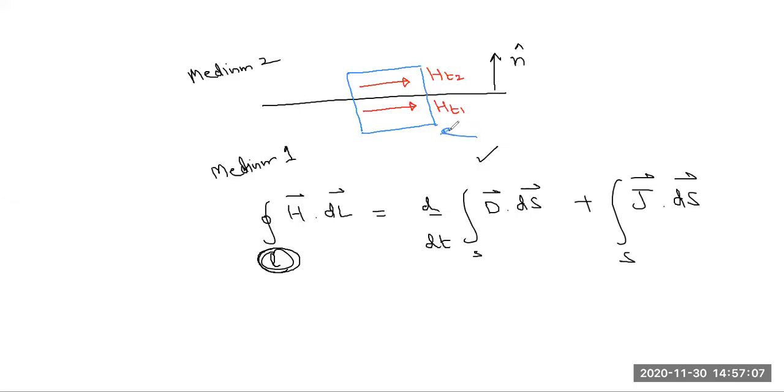This is representing the closed path L. Again, it's a vector length, so we represent it by its direction as well.